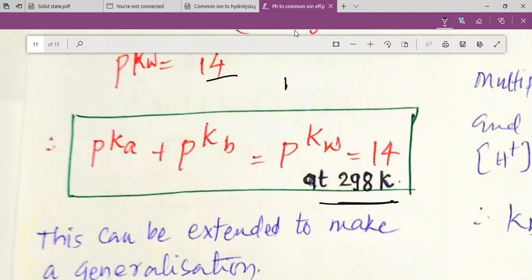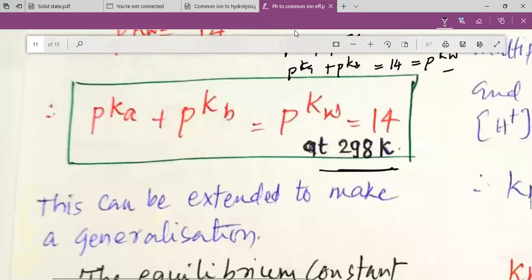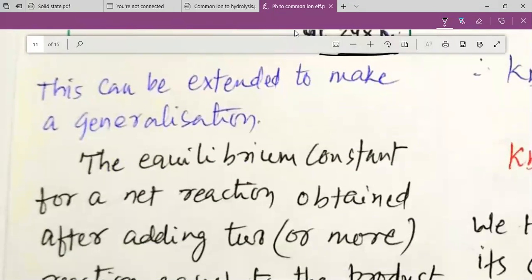If you can recall, we had derived the formula pH plus pOH is equal to 14. Now we can even say that pKa plus pKb is also equal to 14, and both these are pKw, so pKw will also have the value 14. Please remember these equations, and they are very useful for various calculations.